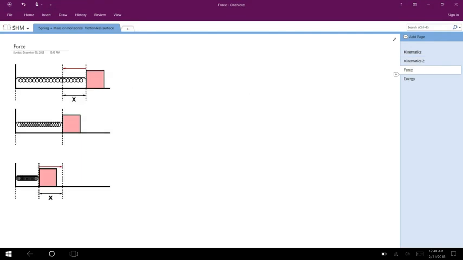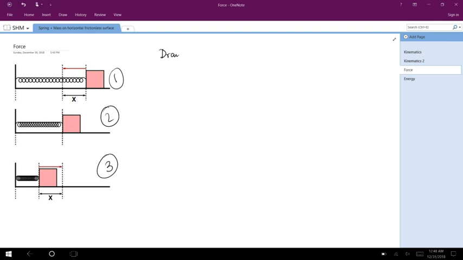So we're going to move over, and I'm going to look at these three situations, the 3 positions of the block one more time. But this time we're going to talk about forces that are acting on the block. Now, whenever it's a force problem, the first thing we should do is draw a free body diagram.